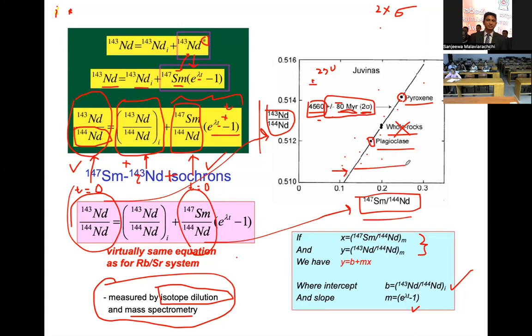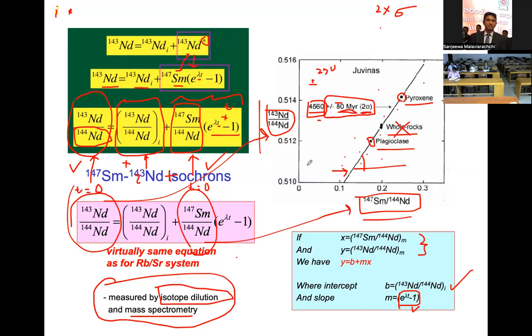So to calculate the age, you can take the theta here, tan theta, and you can equalize tan theta to this value, right? e^(lambda t) minus 1. From that, you can take t. You take the tan inverse and then you calculate t. Okay, so this is the theory for the neodymium system.